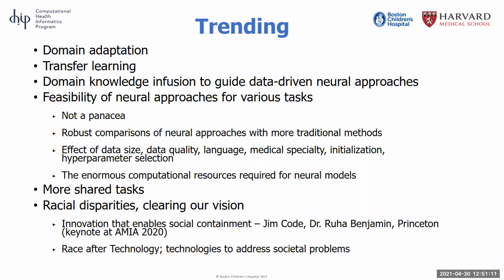Another line of research of great importance is this continued work on transfer learning, and especially pre-training large models of clinical data. I think this is an enormous challenge for the clinical NLP community because the clinical data is actually patient data. So how do we get access to lots and lots of data, potentially from multiple institutions? Then also, how do we get the computational power to build those huge models?